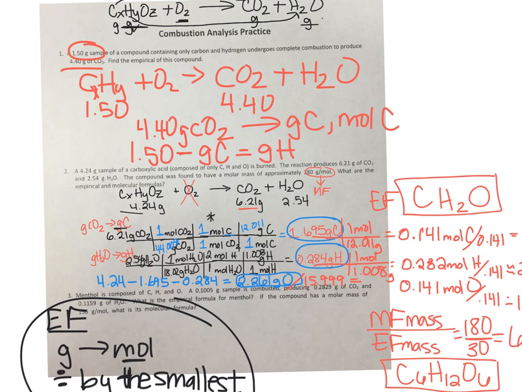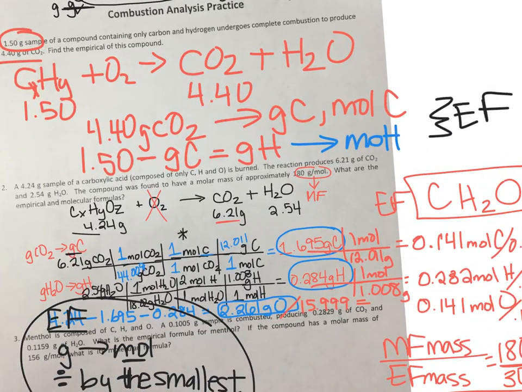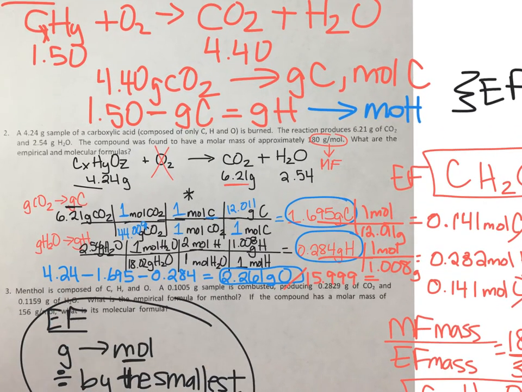And then the grams of hydrogen you convert to moles of hydrogen. And then from this point, now it's empirical formula. And that's where you stop. Yep. So the top one should not be as strenuous.